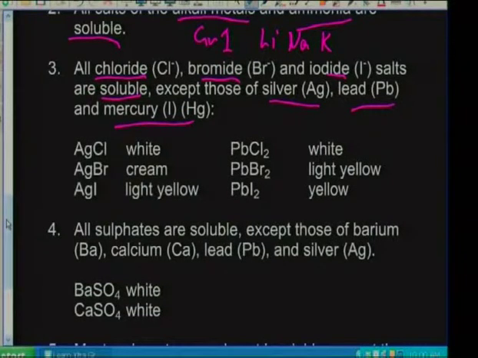Note the color of these insoluble salts: silver chloride is white, silver bromide is cream, and silver iodide is yellow. Lead is white, light yellow, and yellow. Those are important observations, and we will use them to identify if we've got one of these halides present when we do tests on particular types of reactions.